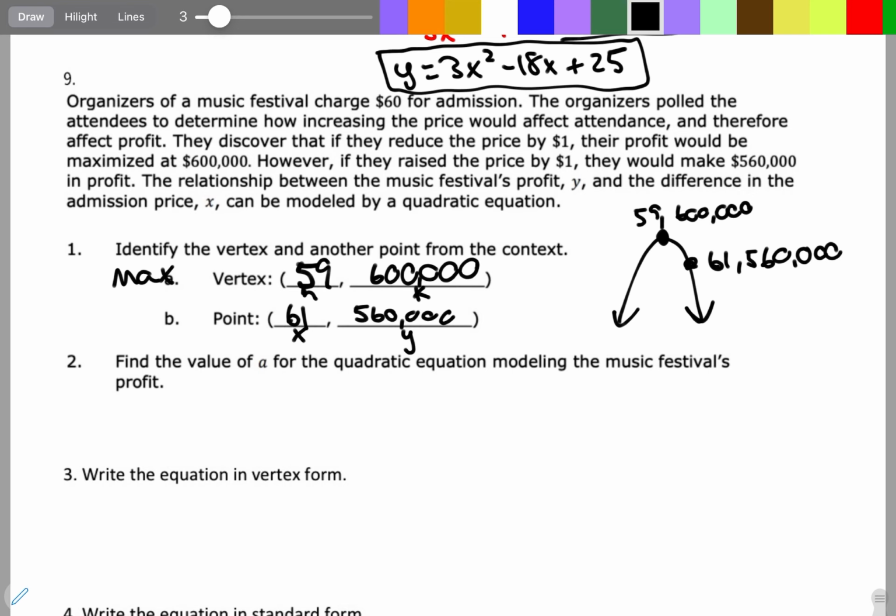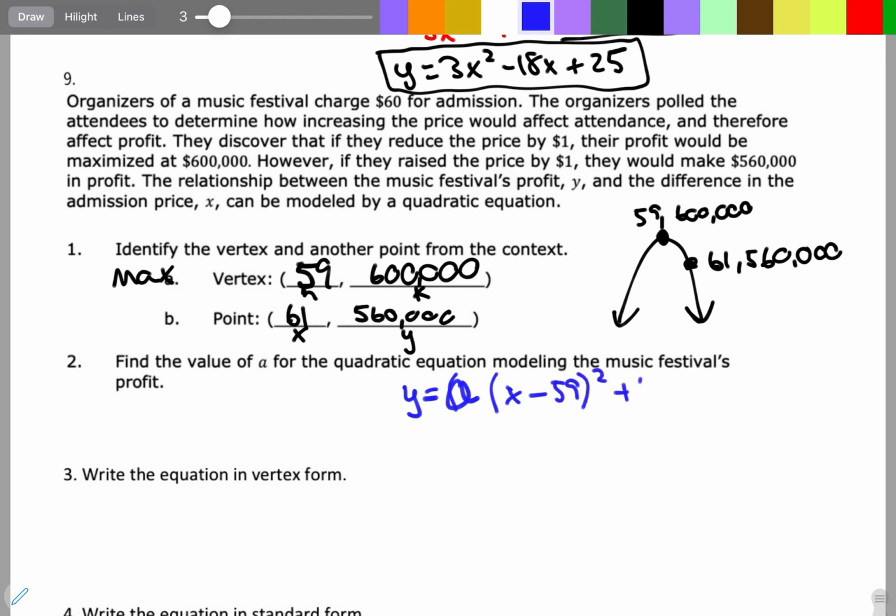So cool. As long as I got these points here, I can work vertex form, which is y equals a, which we don't know, x minus h, which is 59 squared, plus k, which is 600,000. If I want to find my a value, then I got to plug in x and y.